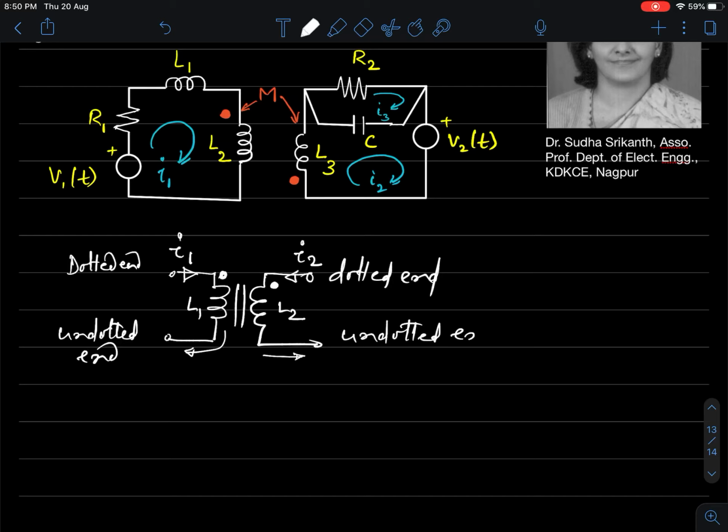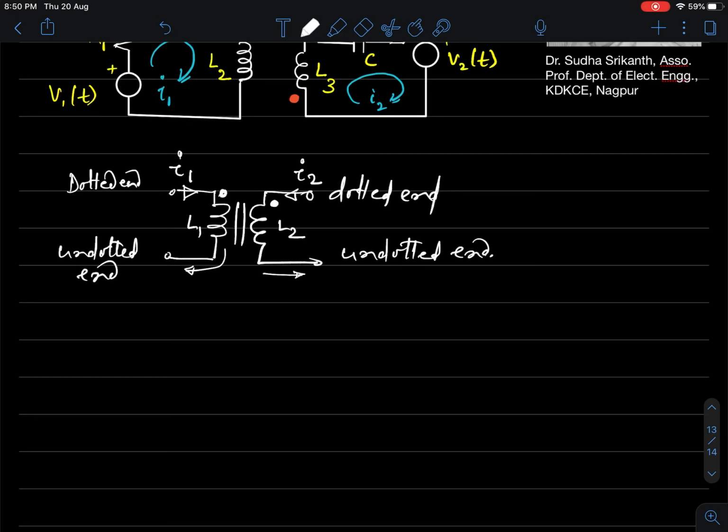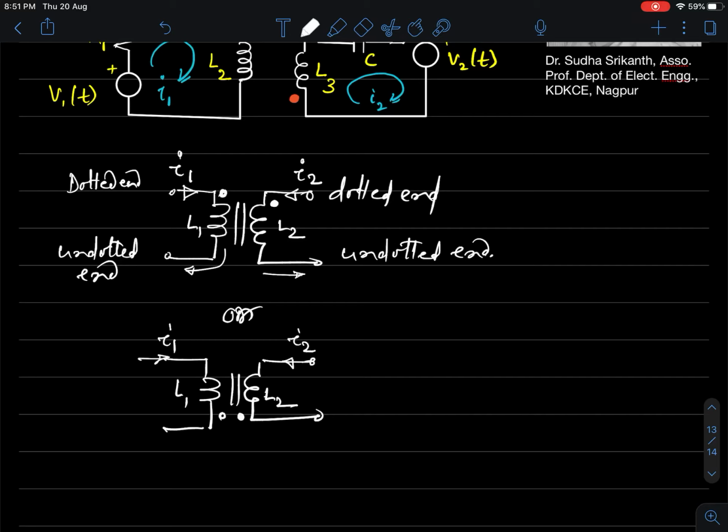That's how we identify. If the currents in both the coils enter the dot simultaneously, or the other option, if the currents leave the dot in both the coils simultaneously. Suppose my dots are present here, my current I1 is entering here and current I2 is simultaneously entering at this particular end.